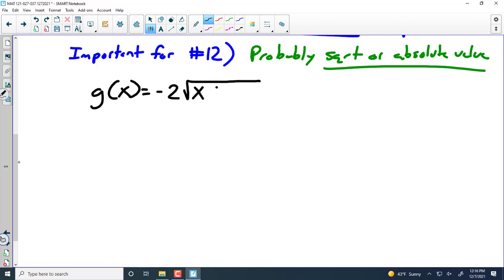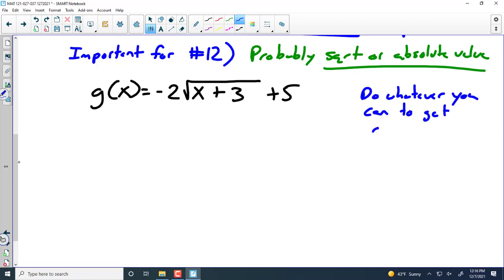Now, let me be very clear on these transformation problems. And of course, I don't mean cheating when I say this. That's not what I mean, like looking at the other person's paper next to you. What I mean is do whatever you can. If you cannot remember how to do the transformations like we did them in class, start plotting some points.